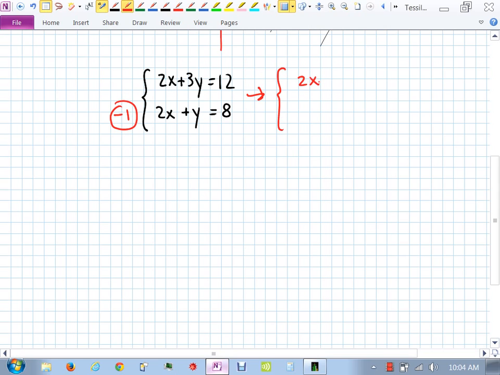So we have 2x plus 3y equals 12. Negative 2x minus y is -8. Now we add straight down and get 2y equals 4, which means y is 2.